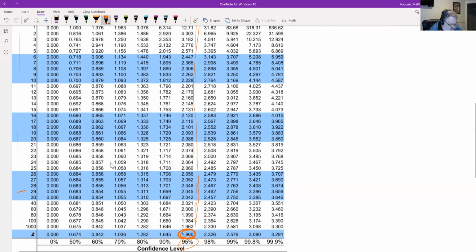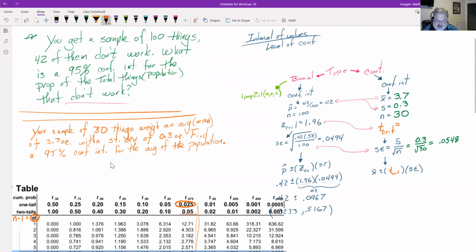So at degrees of freedom of 29, our critical value is 2.045, which is, again, very close to the 1.96 that we associate, just a little bit bigger to handle our small sample size. So 2.045, we're going to come back up here, 2.045. And it does the same job as our critical value for the binomials. It's just, again, a little bit larger.